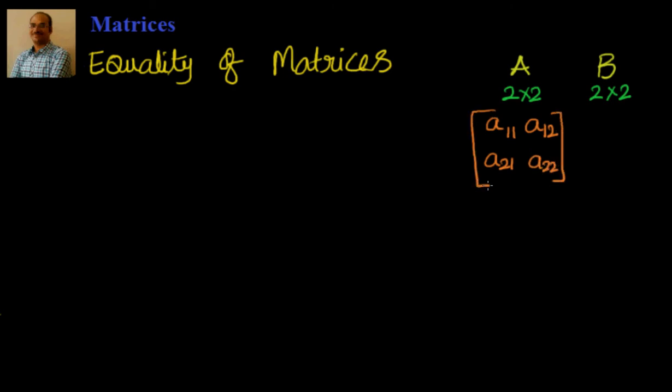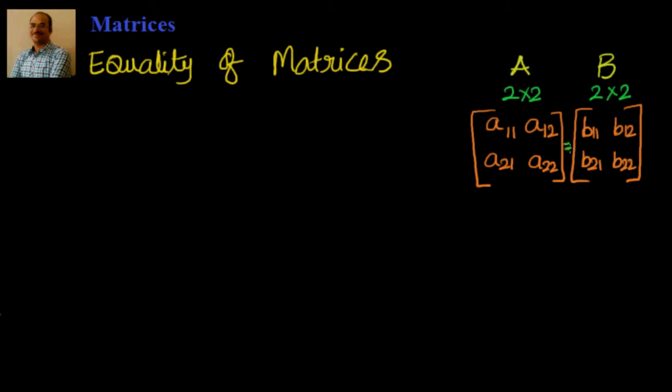That's how we have the capital A matrix. Similarly, let's take another matrix B, which is given by b11, b12, b21, b22. We have taken, for convenience, a simple 2 by 2 matrix.